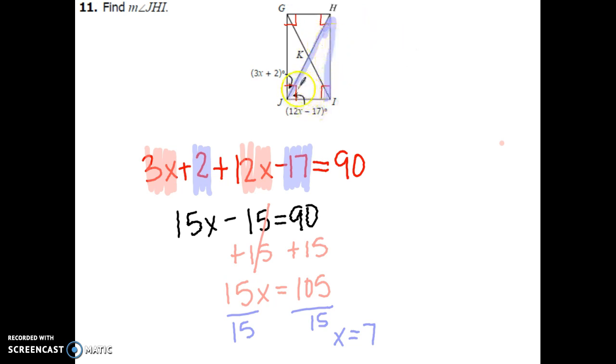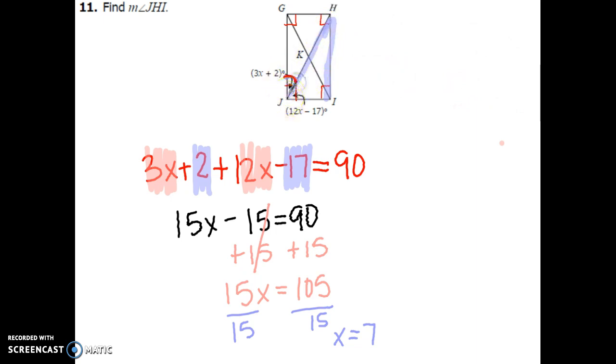So what we can do is look at our other angle theorems and see which one of those helps us. Our first angle property of rectangles says that the opposite sides are parallel, and because of that, I can use my alternate interior angles to solve it.